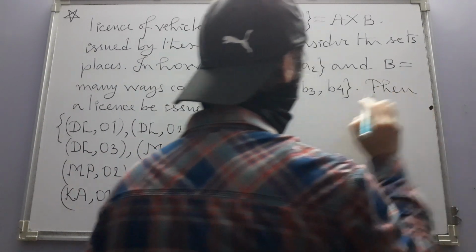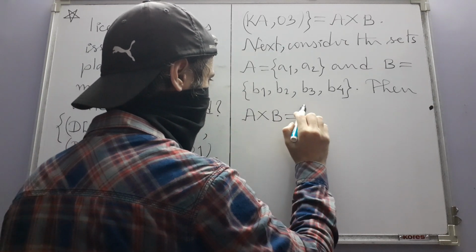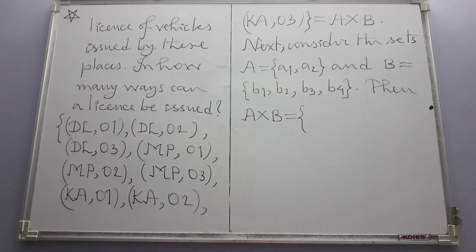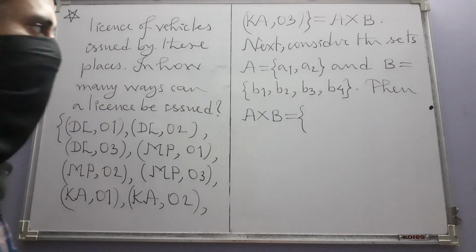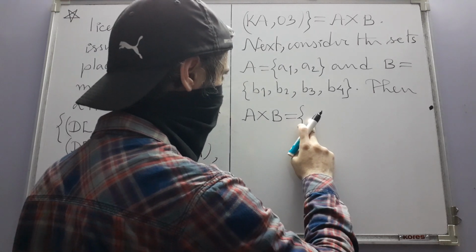Then A times B. Okay, now when you try to find out all the possible ordered pairs, what do you do? This is perhaps the best way.